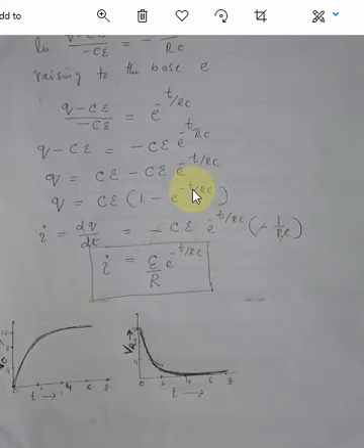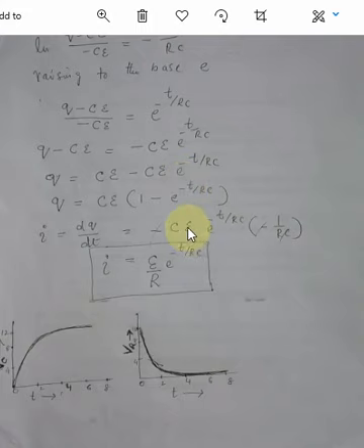Remember we are differentiating with respect to time, so minus 1 over RC is constant and the differential of t with respect to time is dt by dt, which is 1. So this whole is the differential of this side with respect to t.